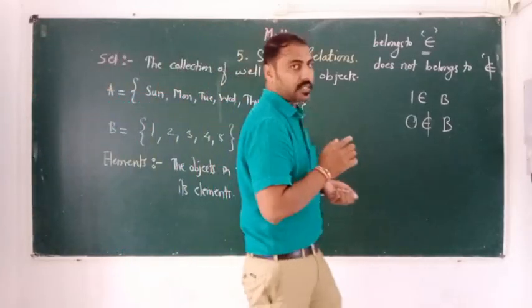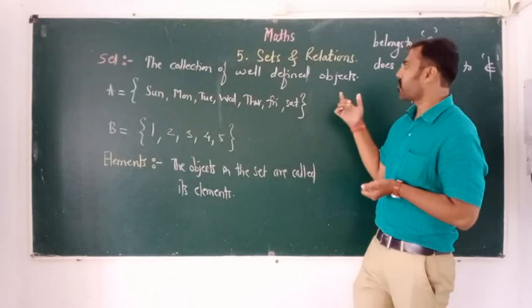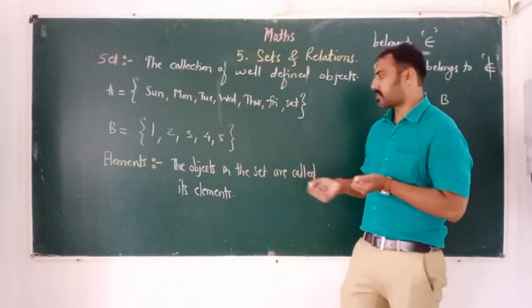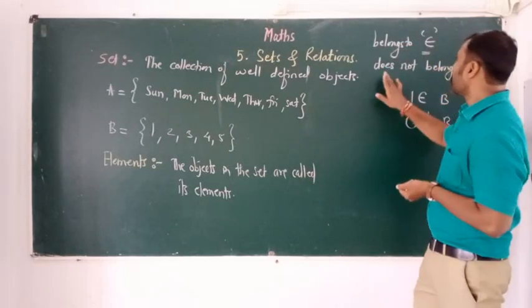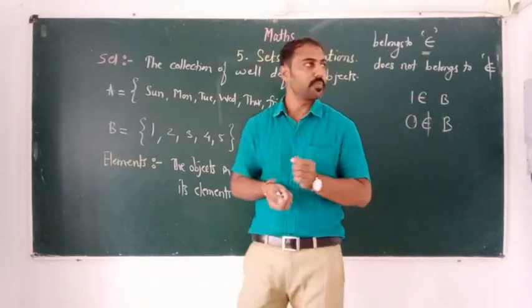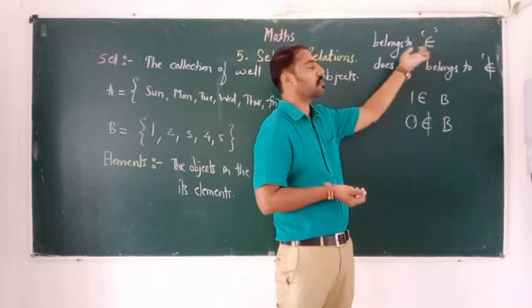So these are two definitions. First one is a set. A set is a collection of well-defined objects. Second one is element. Element is nothing but the objects in the sets are called its elements. Clearly, here are two new symbols. First one is belongs to. That symbol is used to denote belongs to.